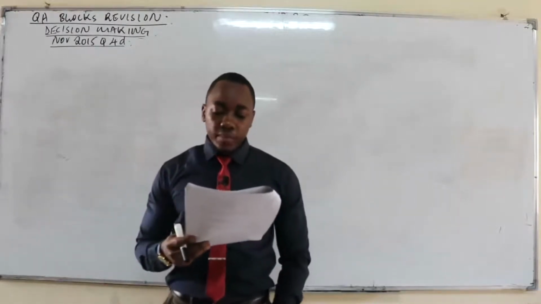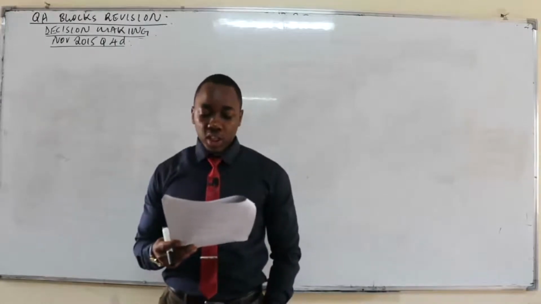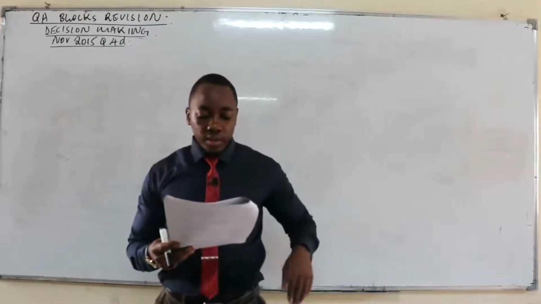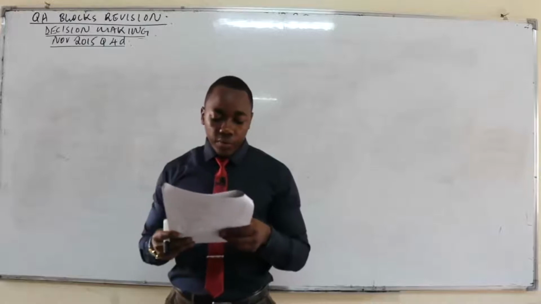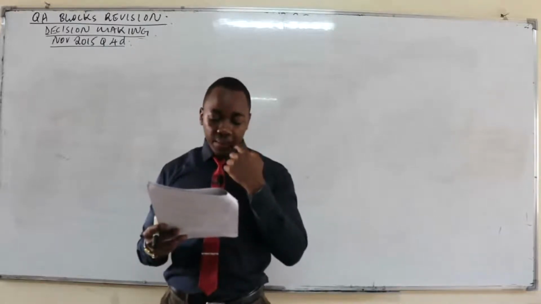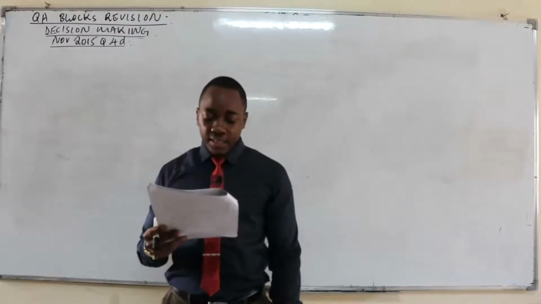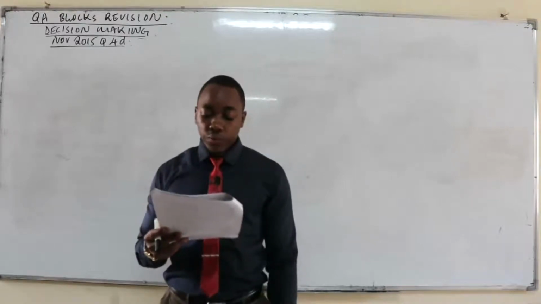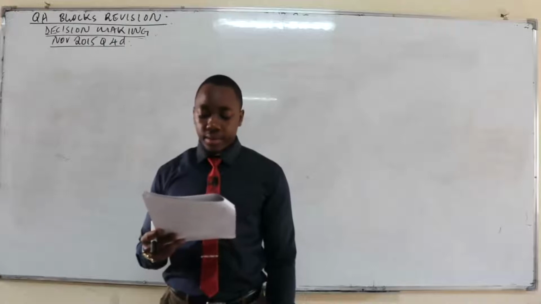Due to good performance in the past year, the company has offered Jane Cherop one of the following 3 salary plans for the next year. So we're given plan A, a 25% salary increment to 50,000 per month.